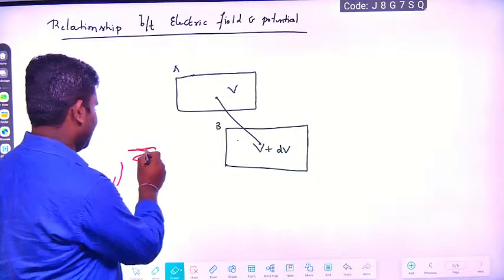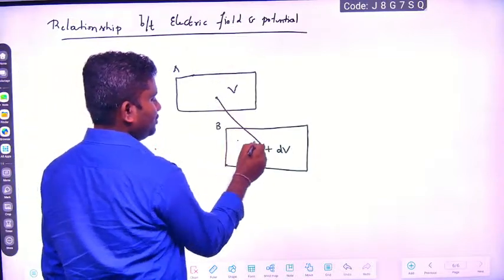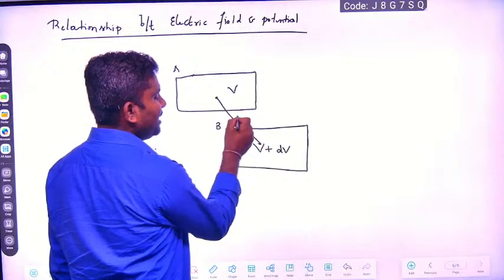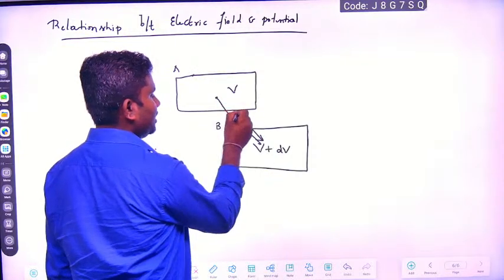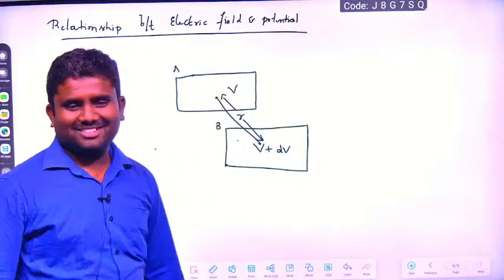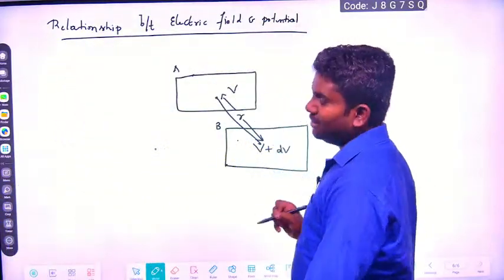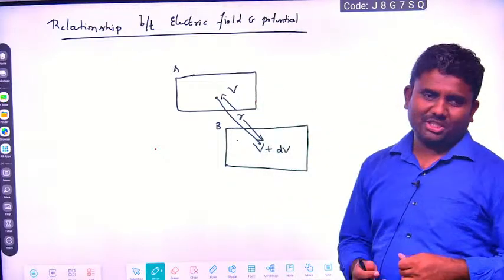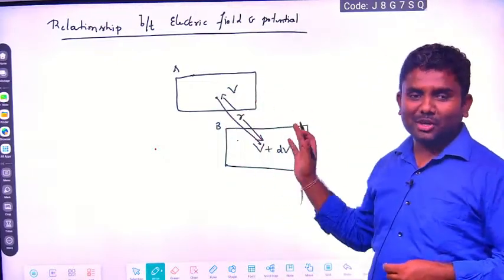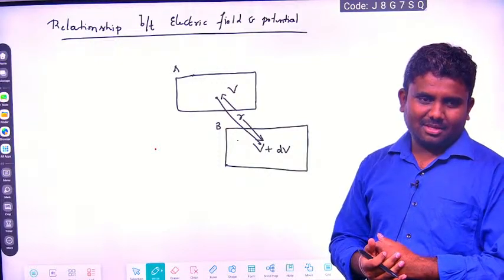Understood? So, if I want to move a charge of Q, the distance between the plates I will take as R. Now, if I want to move the charge from higher potential to lower potential, or from lower potential to higher potential, which one is easier?